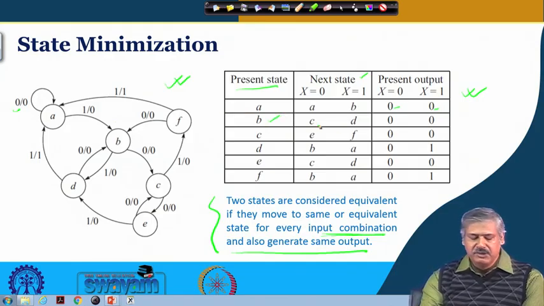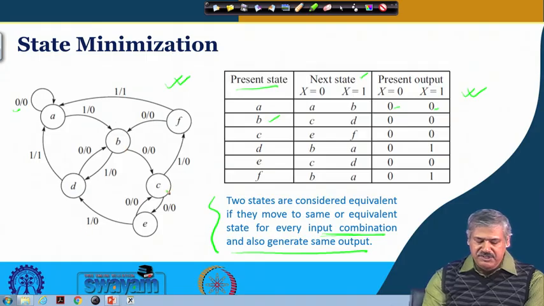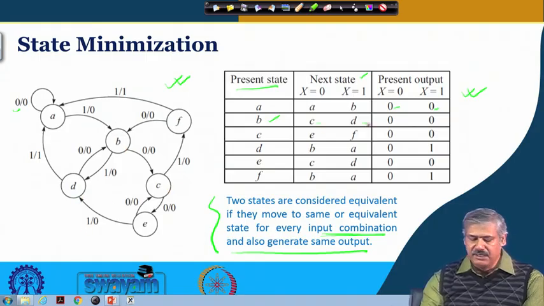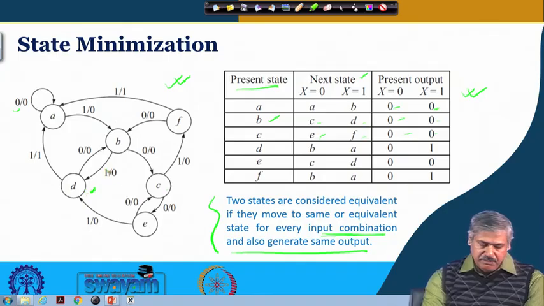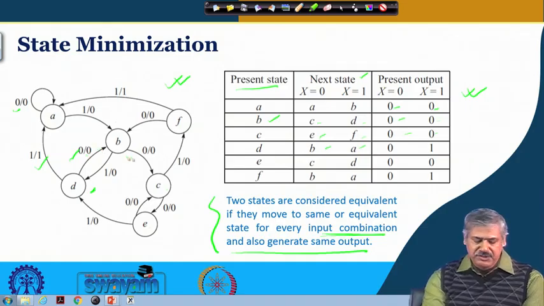Similarly, B is going to C and D, and each time the output is 0 and 0. For C, it is going to E and F, output is 0, 0. For D, it is going to B over here and A over there. Going to B, output is 0, and going to A, output is 1.